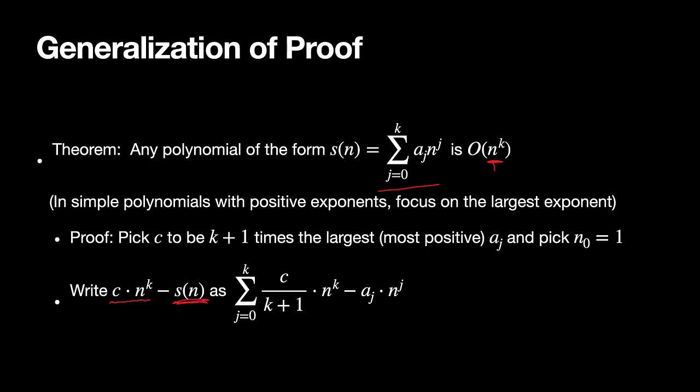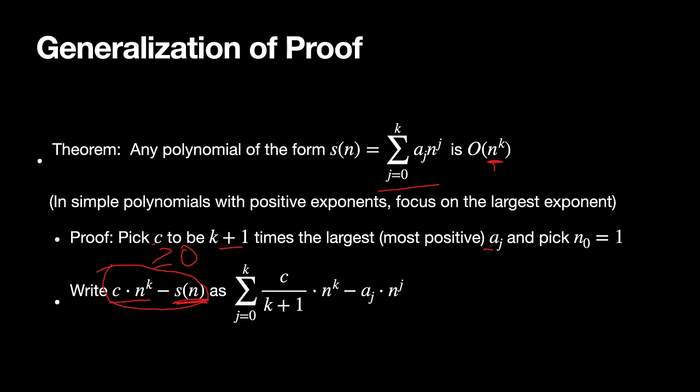And our goal is to demonstrate that this combined thing is always greater than or equal to 0. And remember that we've already picked how we're going to come up with our c. Our c is somehow including in its constant k plus 1 times our most positive aj.